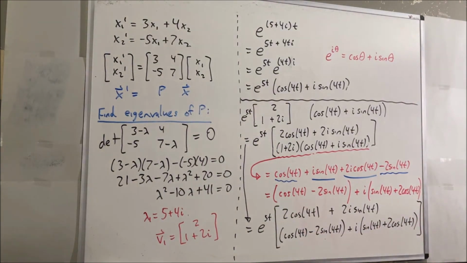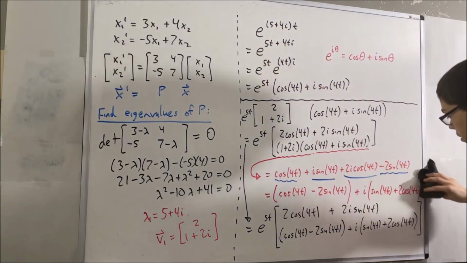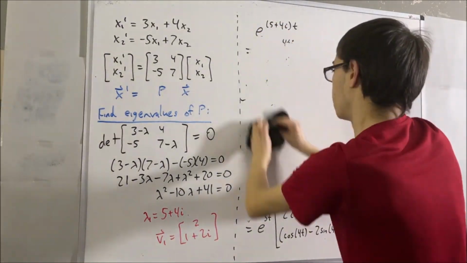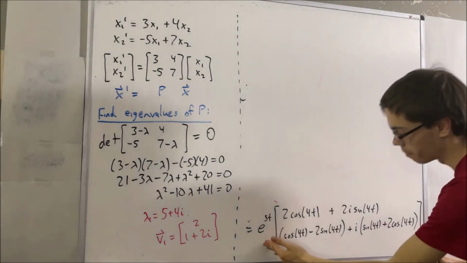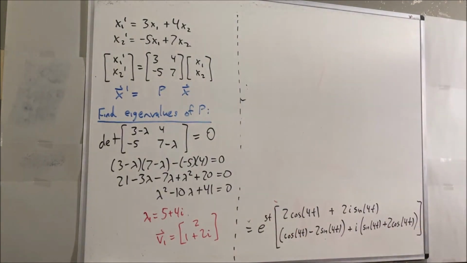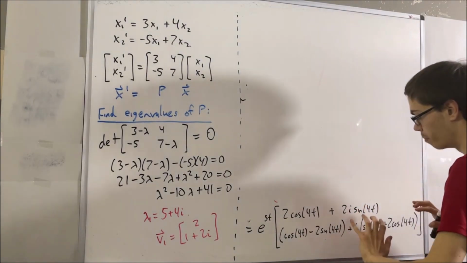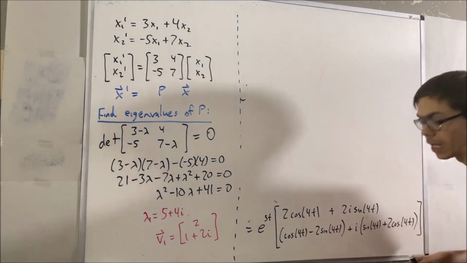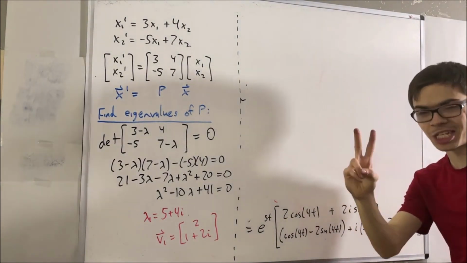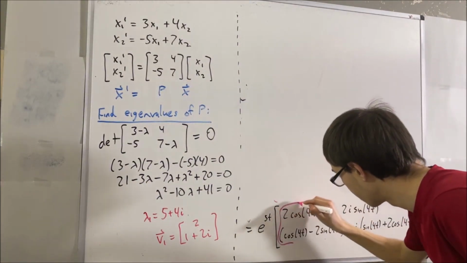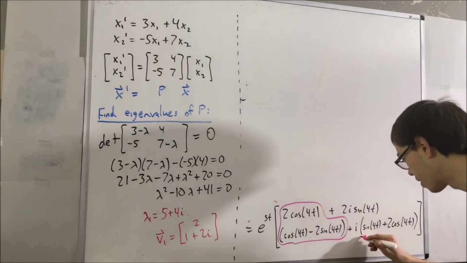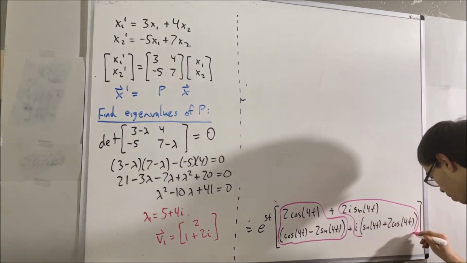And so now at this point, I'm going to move back up to the top. And I'm going to show you how we can get our final answer from this. And so there's really 2 parts you need to be able to take away from this. We have a real part and an imaginary part. The real part consists of these 2 entries, and the imaginary part consists of these 2 entries.